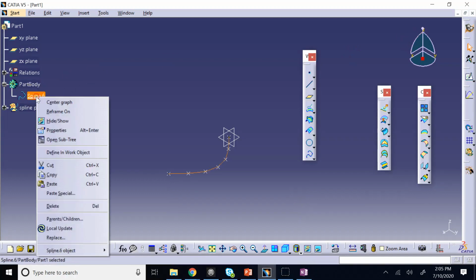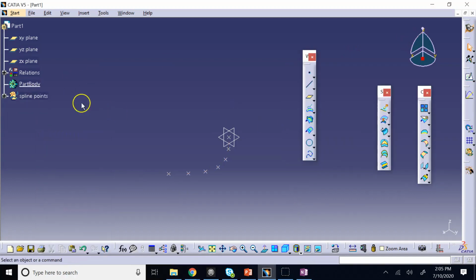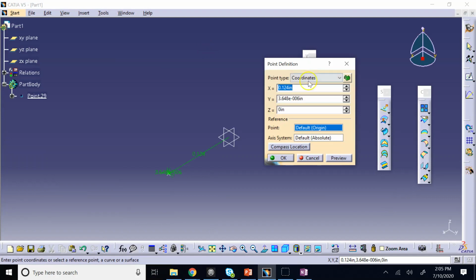So here, as I said, when I click on a point and want to specify the coordinates of the point, you'll see here it says the axis system is default or absolute.